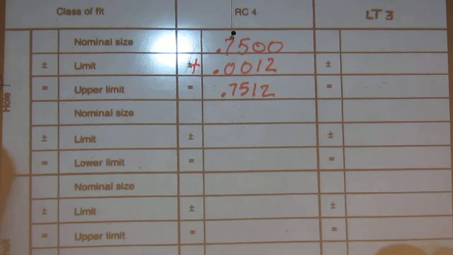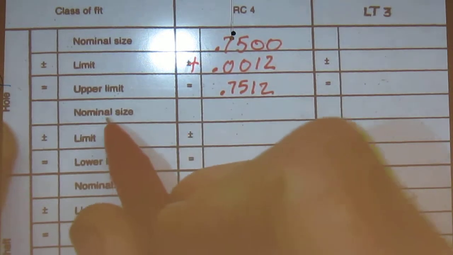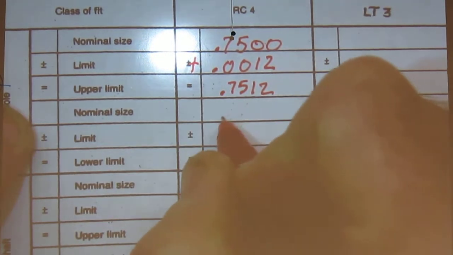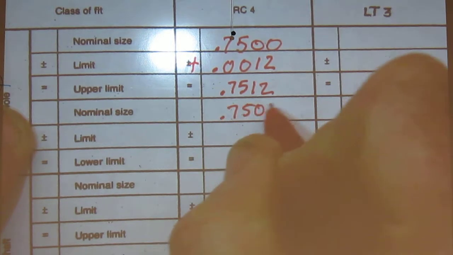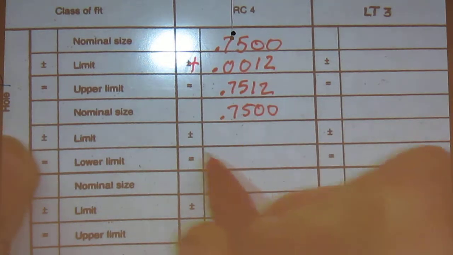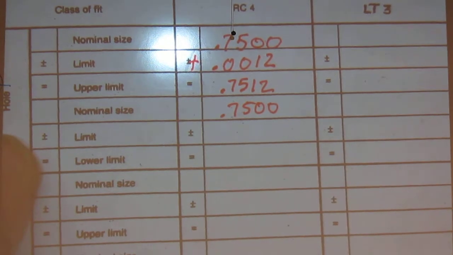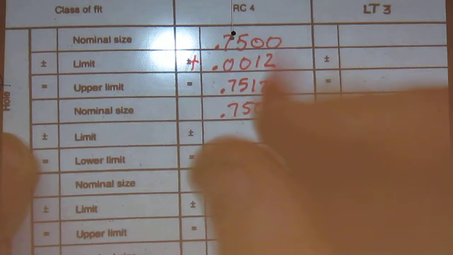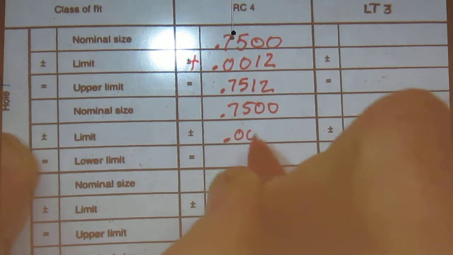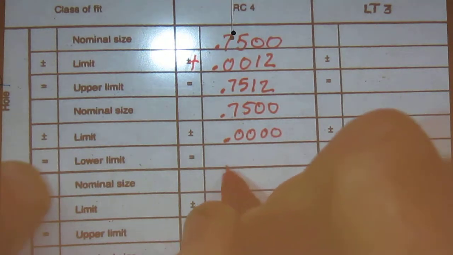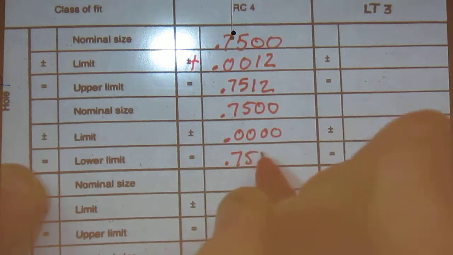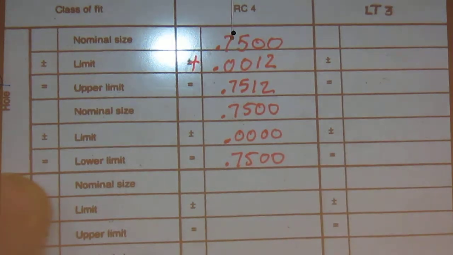Now, let's look at maximum material condition. So again, I've got my nominal size, which is 0.7500. My limit on this one is 0, right? Okay, so that's 0.0000, so it can be 0.7500.